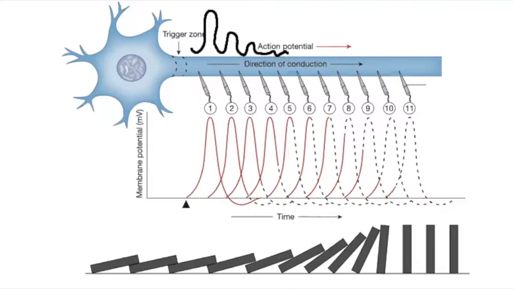But this is an action potential. And each one of these little local depolarizations, this flip-flop of membrane voltage, is going to be the same here as it is over here. That's your action potential. And this is all going to be due to voltage gated channels.